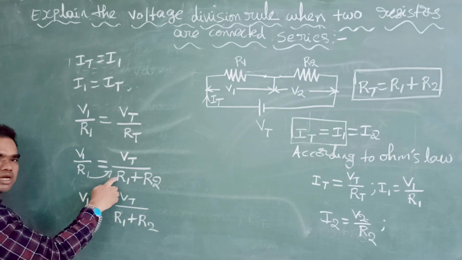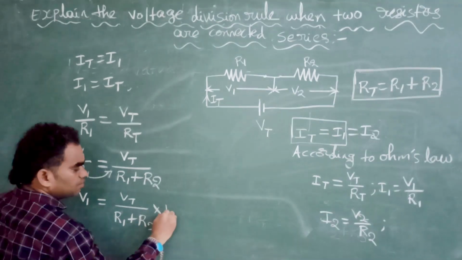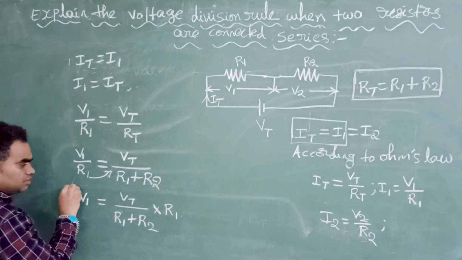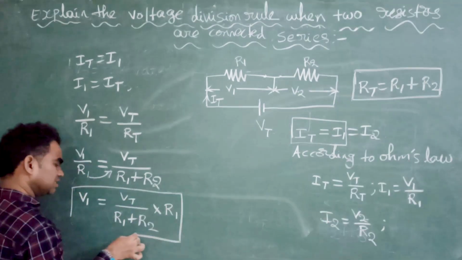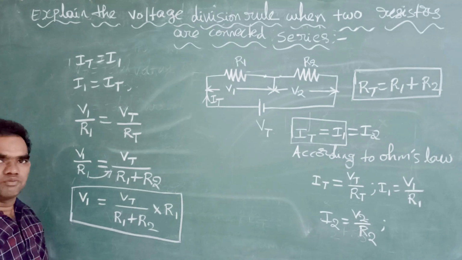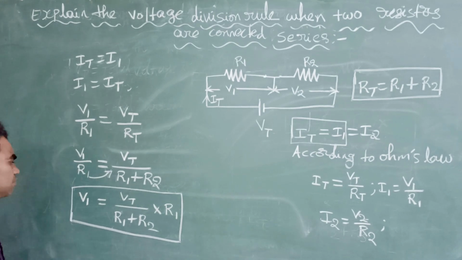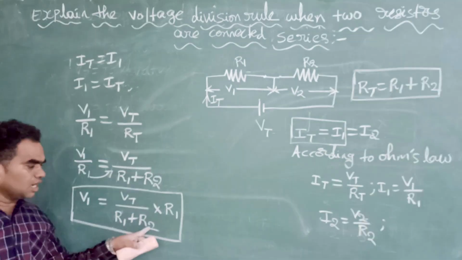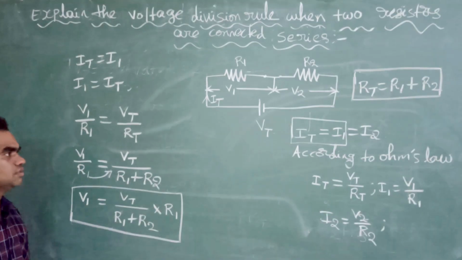This R1 comes to this side, and it becomes multiplication, into R1. This is the voltage across the resistor R1 in voltage division. V1 is equal to Vt by R1 plus R2, into R1.